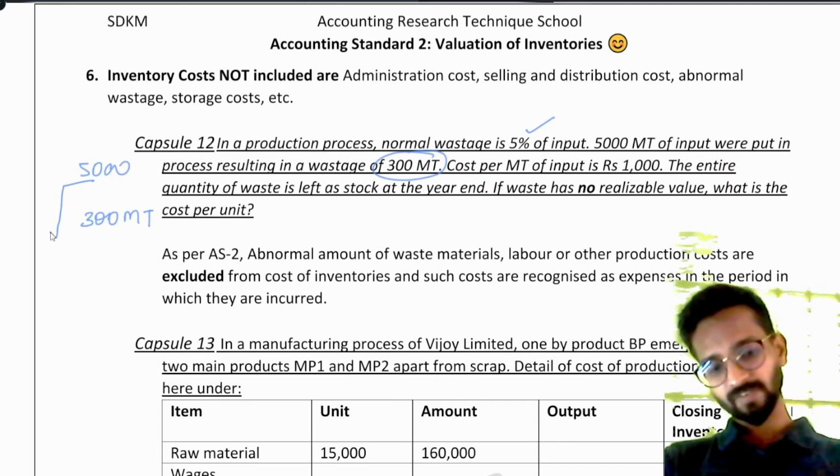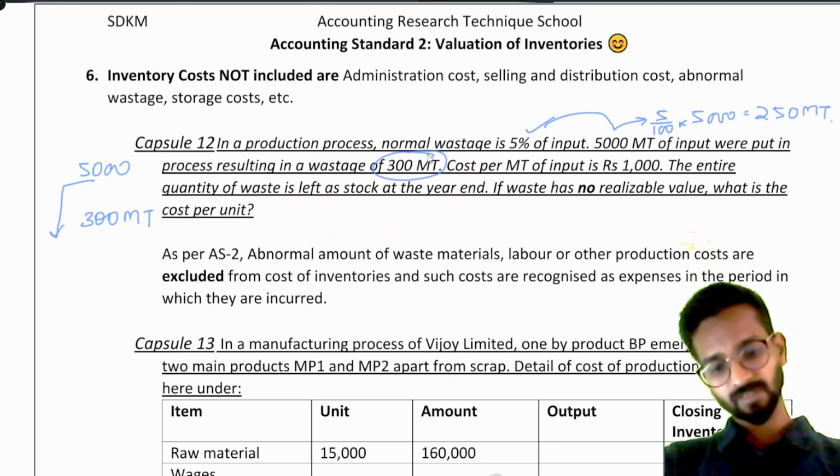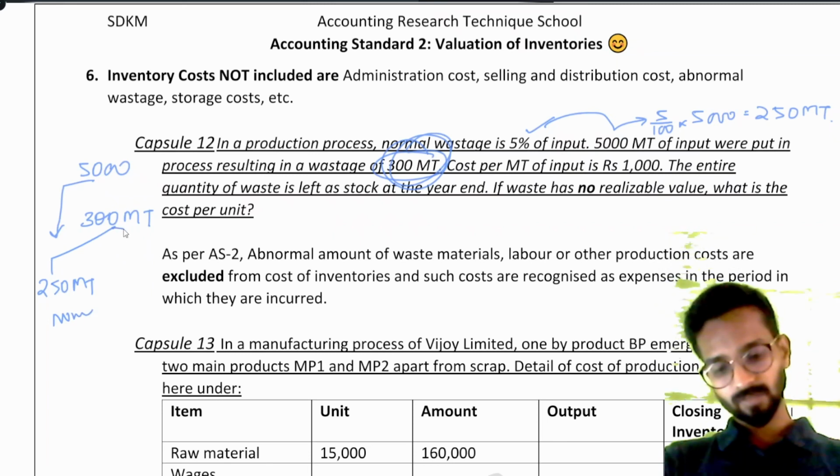You will say, sir, normal is 5%. So 5% of 5000 is 250 metric ton, but the total wastage is 300. So out of 300, 250 metric ton is normal, and it means 50 metric ton is abnormal.